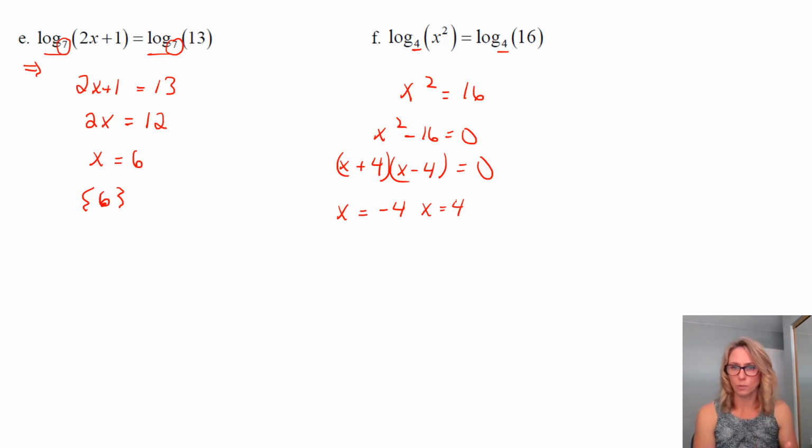There actually isn't two solutions because this negative 4 is not a valid solution. It would give us a negative inside, even though we square it, but before we square it, we have that negative inside the logarithm and it's not part of the domain of this logarithm to put in a negative 4. So we only have one solution in this case, which is just the positive 4.